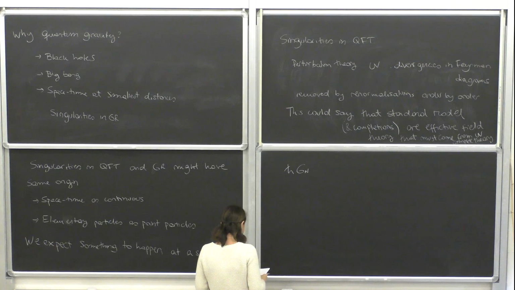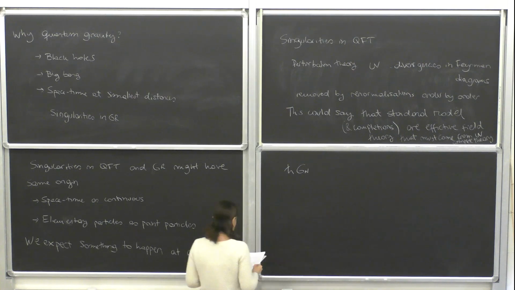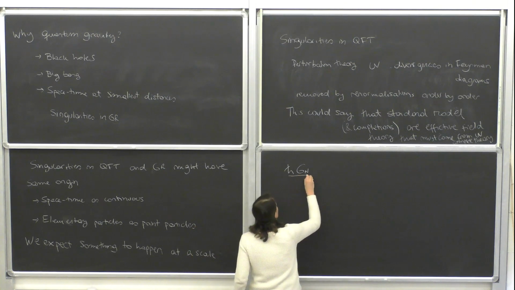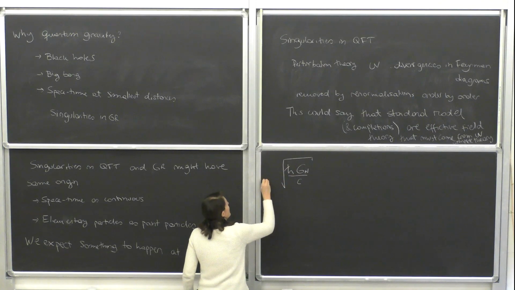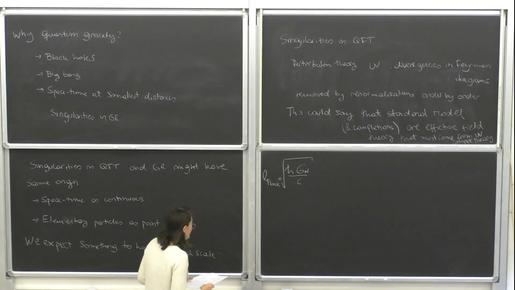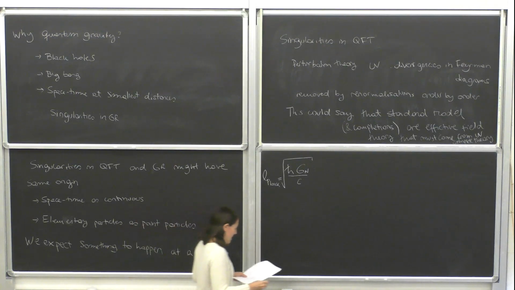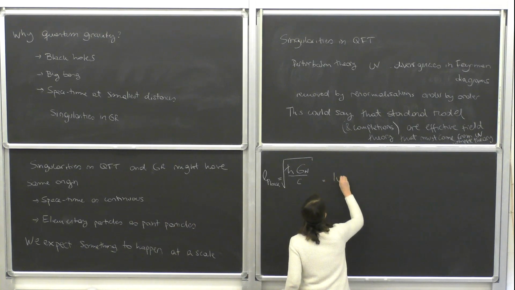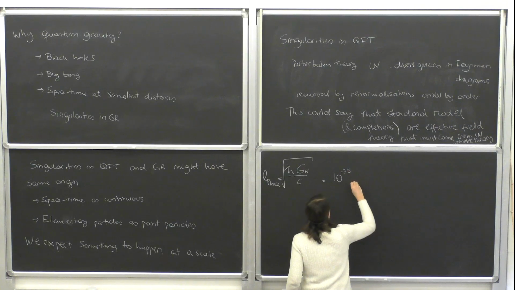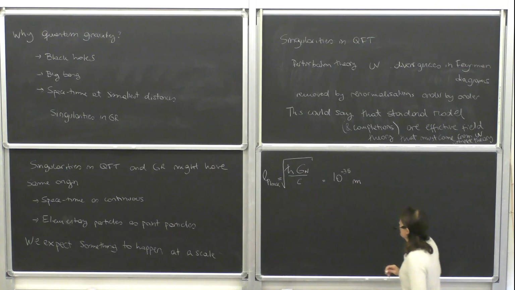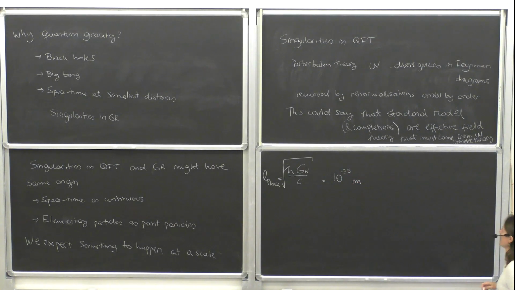If I want to make something with dimensions of a scale, I have to divide by c and take the square root. And this is what's called L Planck. And this is 10 to the minus 35 meters. So it's 20 orders of magnitude smaller than the scale we talked about.